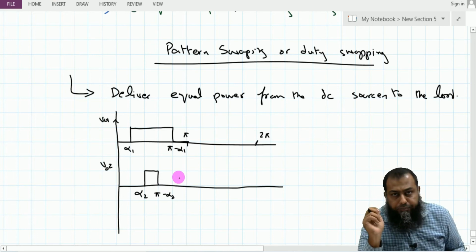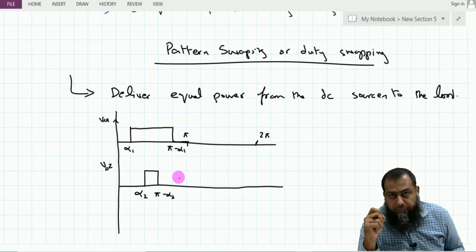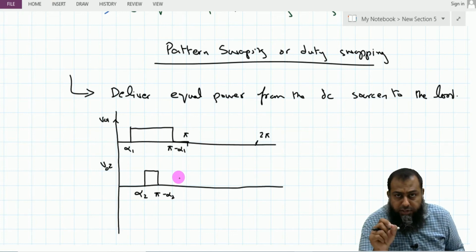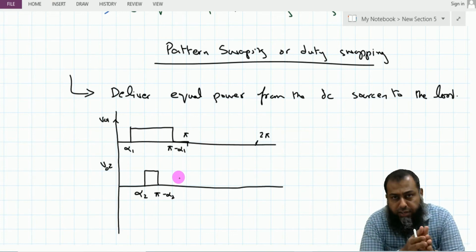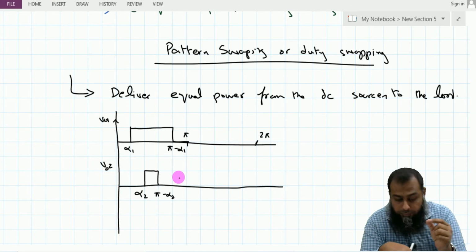For each half cycle, we swap the values of alpha for the individual cohesive square wave inverters. So inverter number 1 shall have a value of alpha 1 for the positive half cycle. However, during the negative half cycle, it will not operate at the same value of alpha. Rather, it will operate at alpha 2.